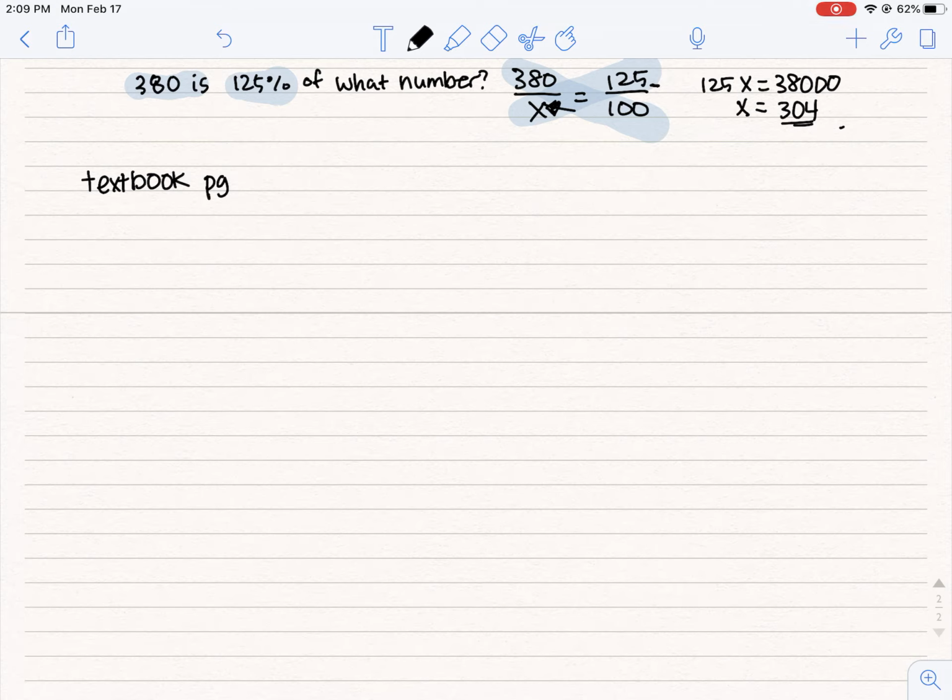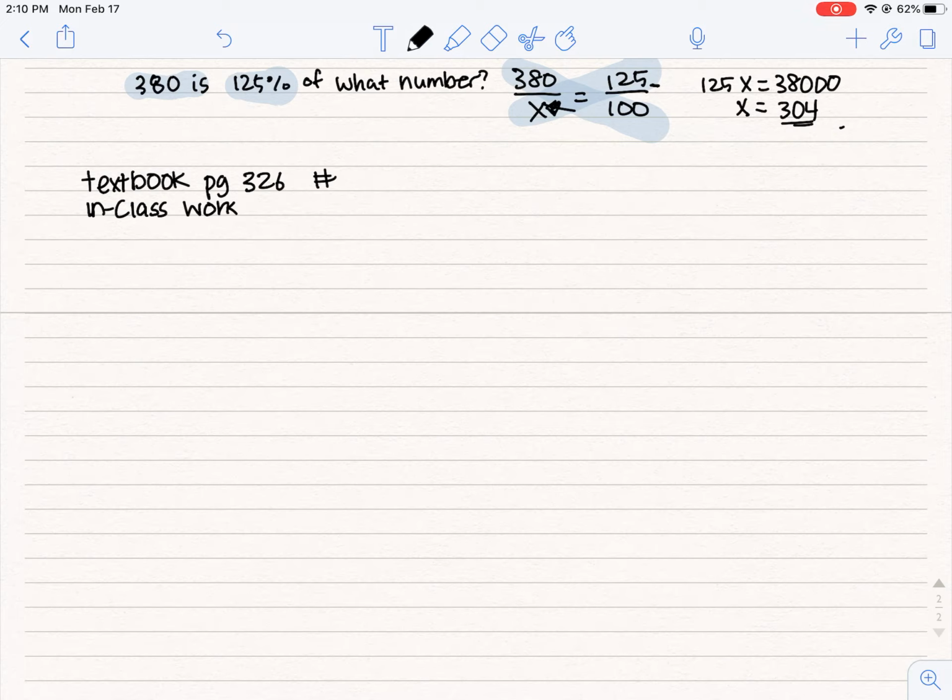I'm going to give you page 326. This is going to be classwork, which means you're going to work on these questions in class. Once you are done with all the questions, you're going to get those questions checked to see if you showed work. If you did not show work, you're going to be asked to do them again.